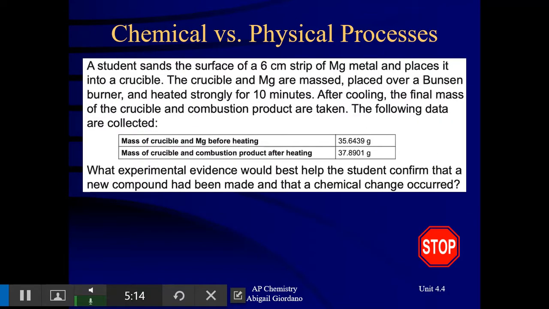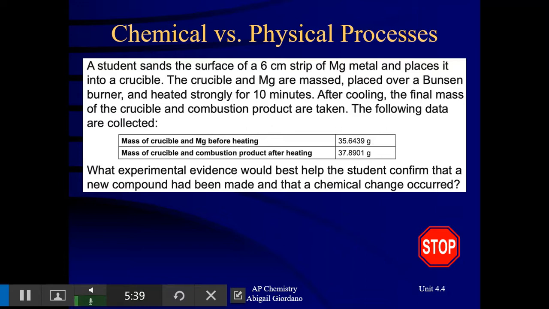All right, let's look at another one. This would be more in free response. A student sands the surface of a 6 centimeter strip of magnesium metal and places it into a crucible. The crucible and magnesium are massed, placed over a Bunsen burner, and heated strongly for 10 minutes. After cooling, the final mass of the crucible and combustion product are taken.